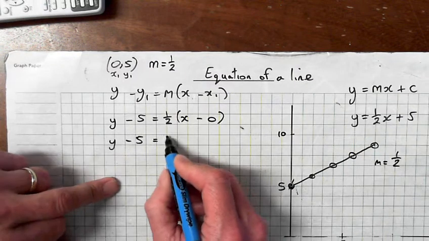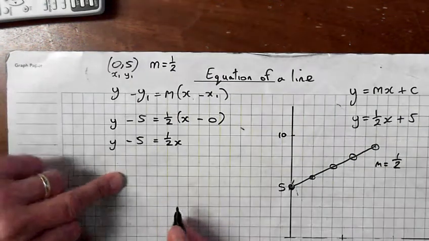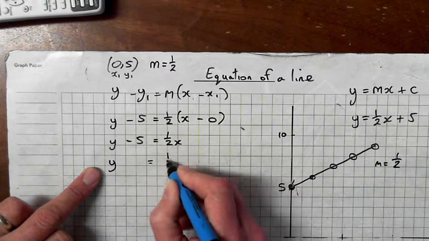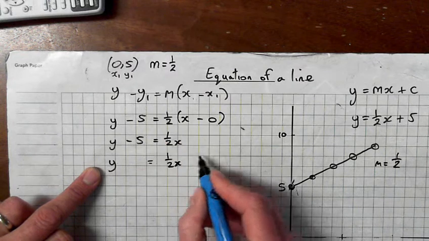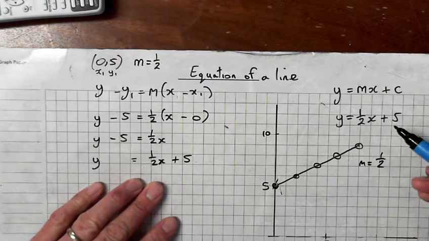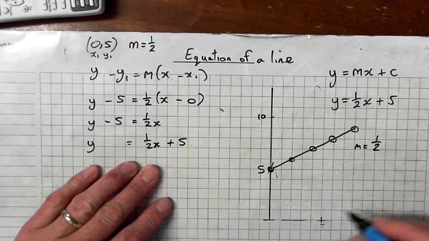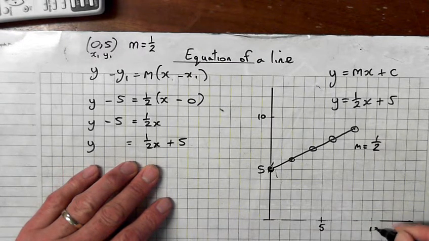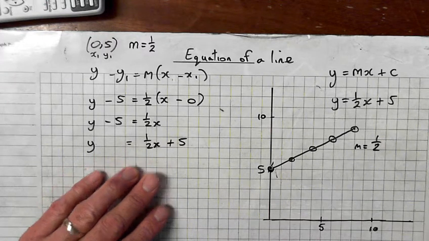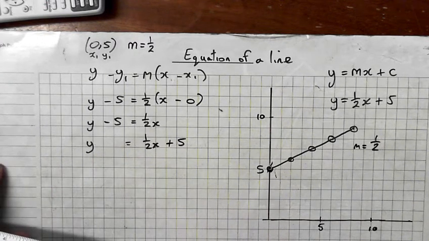So half times x is a half x, and to tidy it up we'll put y on the left and move the minus 5 across. Alright, same, yeah? Okay, is that alright? Do you understand that?